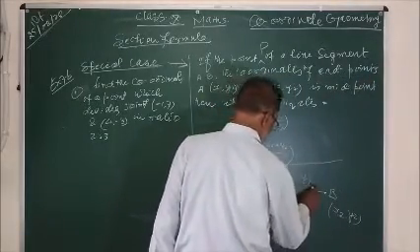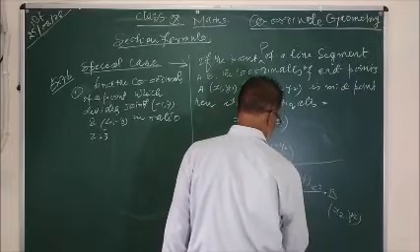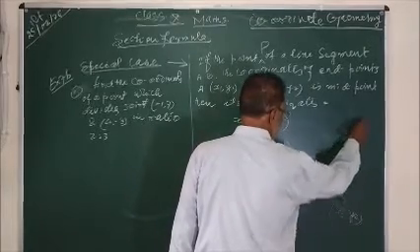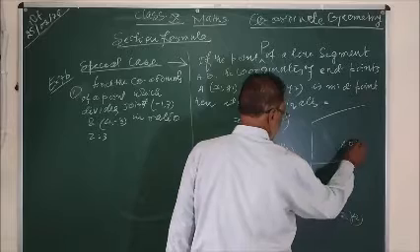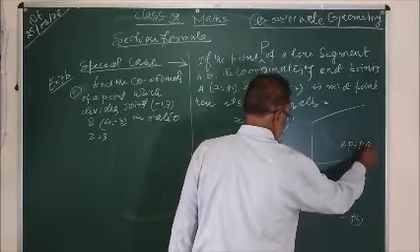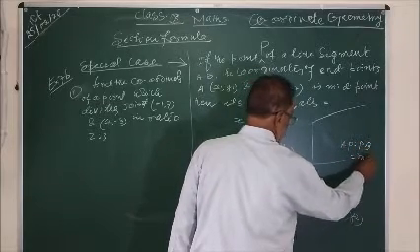M1, M2, these are the ratio. AP by PB. AP is to PB is equal to M1 is to M2.